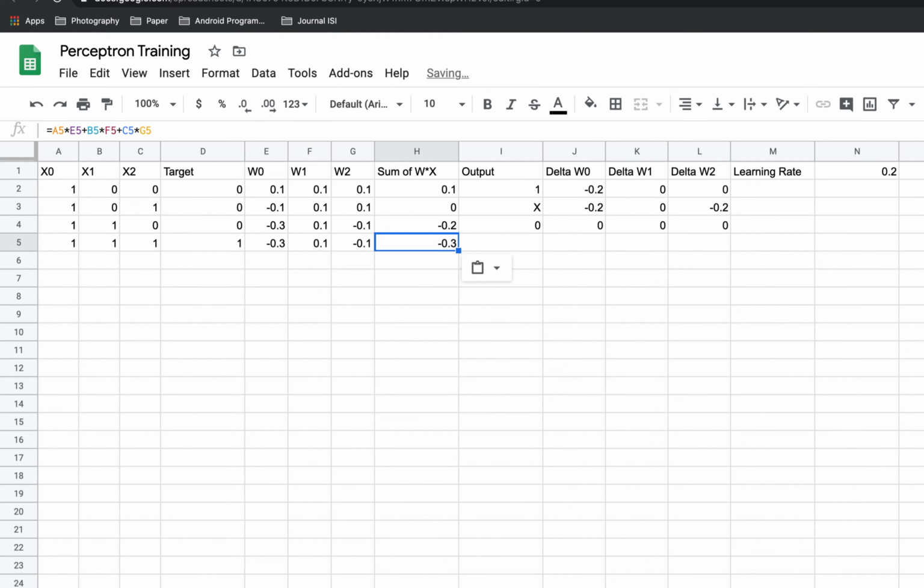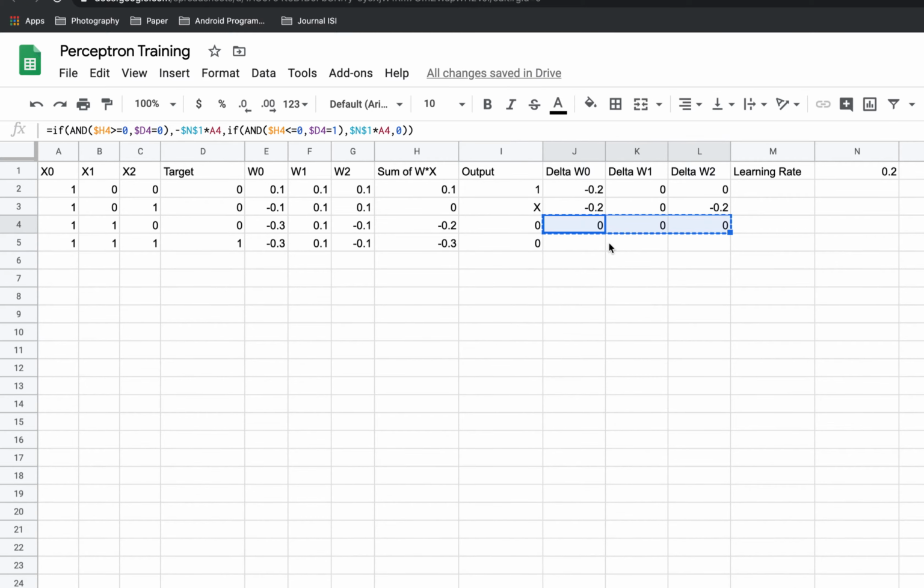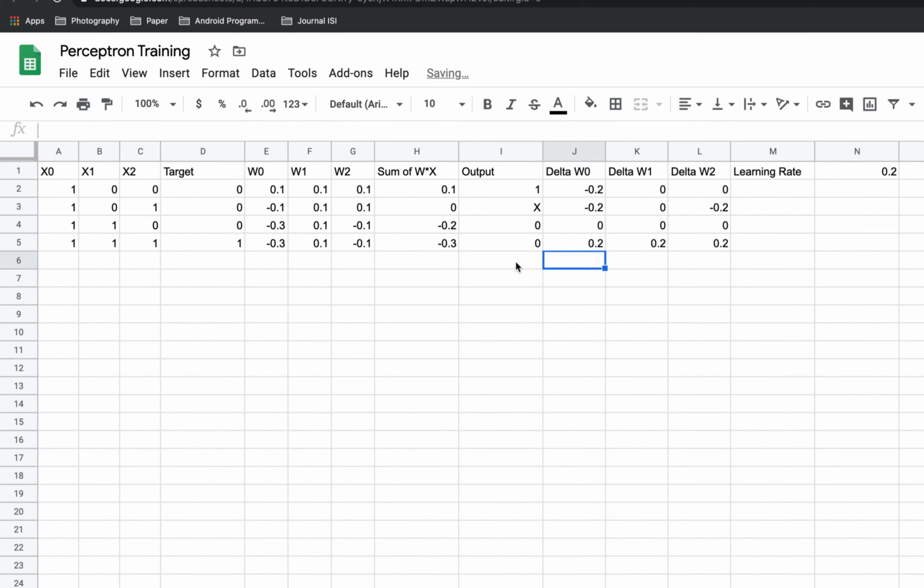This is the summation of the last one: the target is 1, but the summation is less than 0. The output is the negative class 0, right? So you have to increase by 0.2 for all of them.